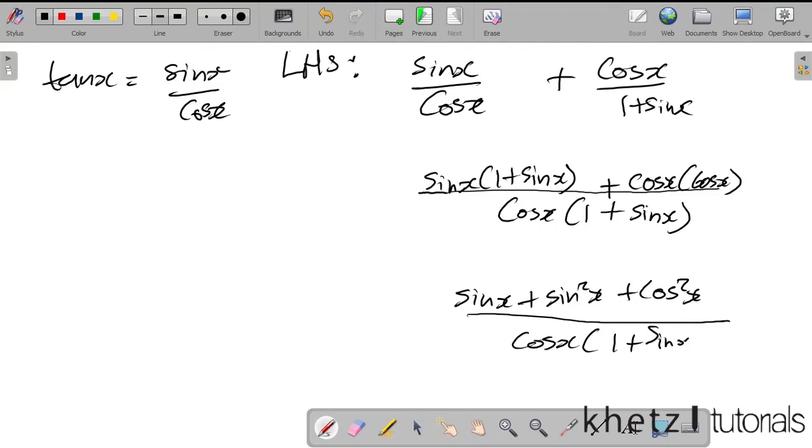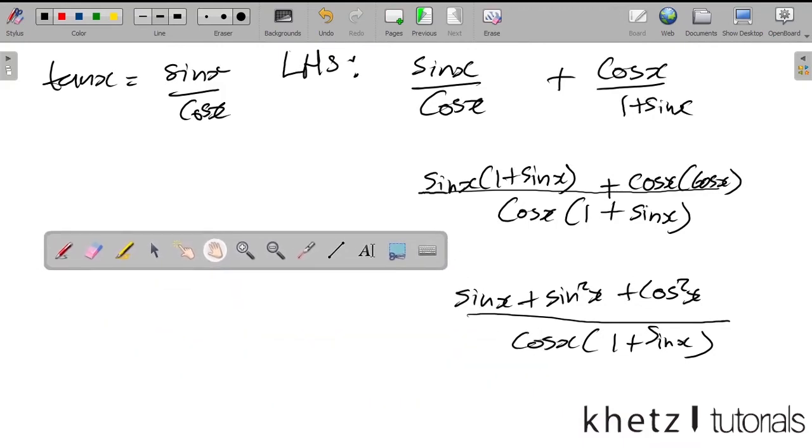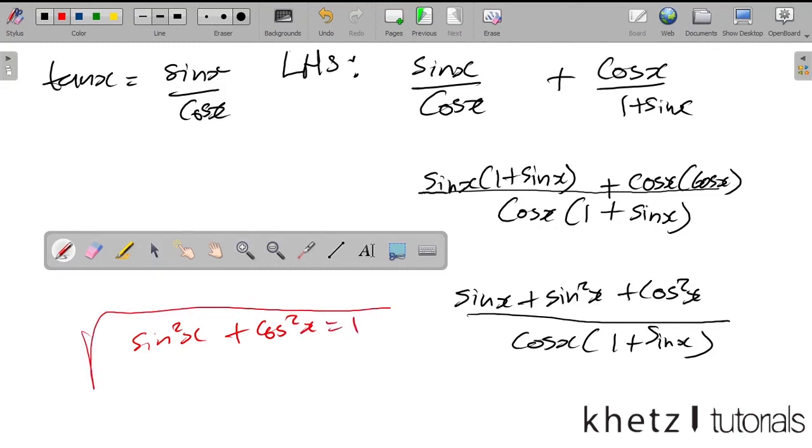Right, so at the top, if you look at this, we have sine squared x and cosine squared x, which is going to lead you to 1. That is another identity which says sine squared x plus cosine squared x is equal to 1.